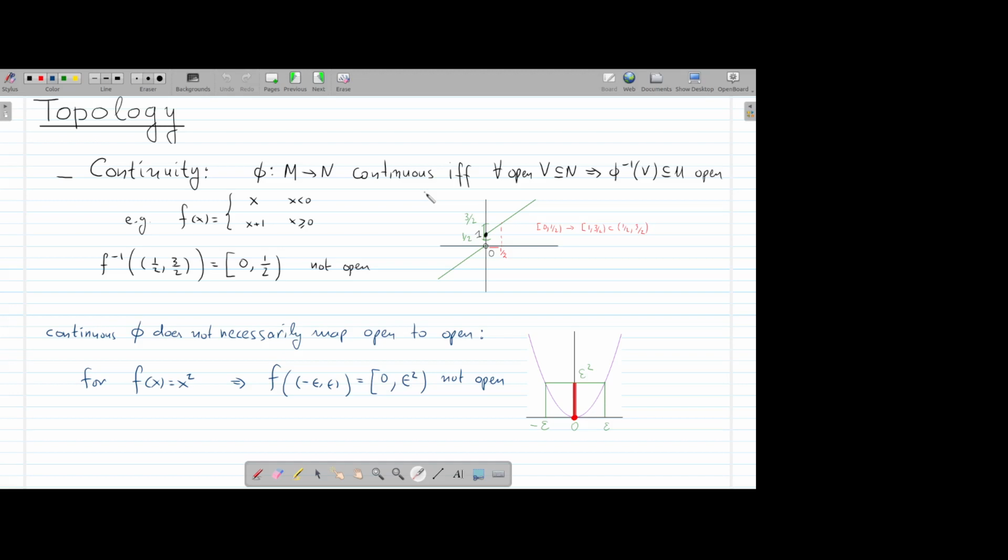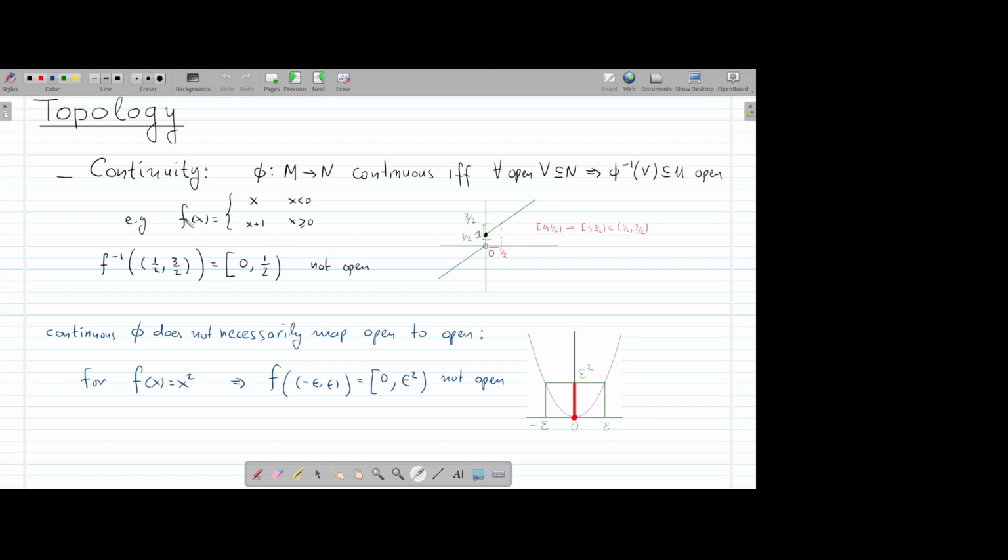But let's see a simple example of why this works to differentiate non-continuous maps on the real line from continuous maps. So let's take this very simple map, which is not continuous at x equal to 0. It consists of those two half lines, but the point x equal to 0 is in the domain of the map and has image 1.